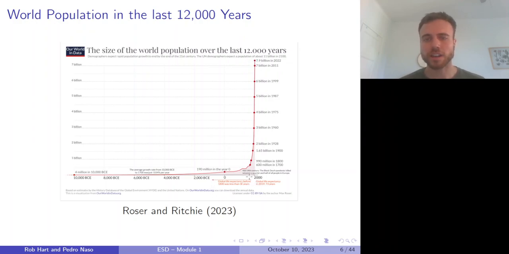And here in orange, we can also see global life expectancy. Before the 1800s, global life expectancy was less than 30 years. And in 2009, it was around 73 years. So again, life expectancy also didn't vary much before the 1800s.